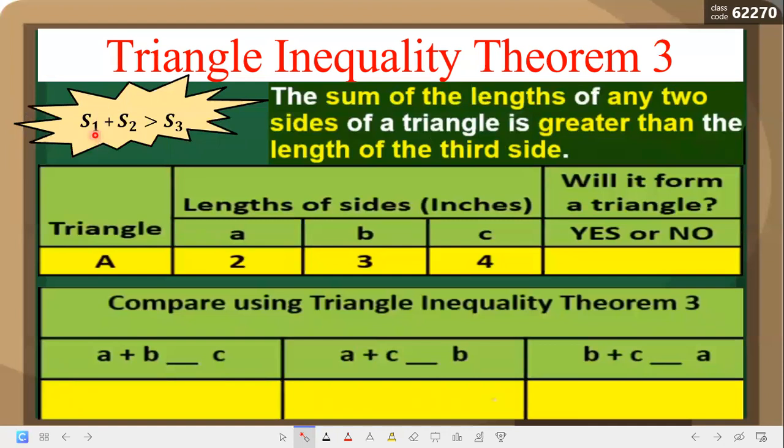So, we have side 1 plus side 2 should be greater than side 3. Ayan. So, i-apply lang natin or isa-substitute natin. We have A plus B is greater than C. Teka, ibahin natin yung kulay.